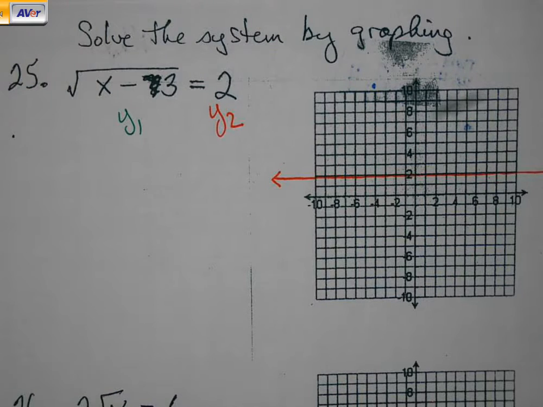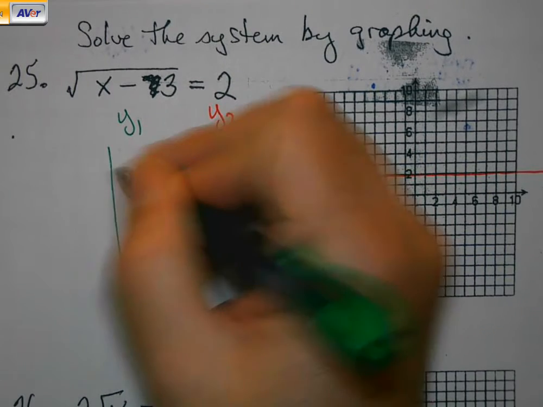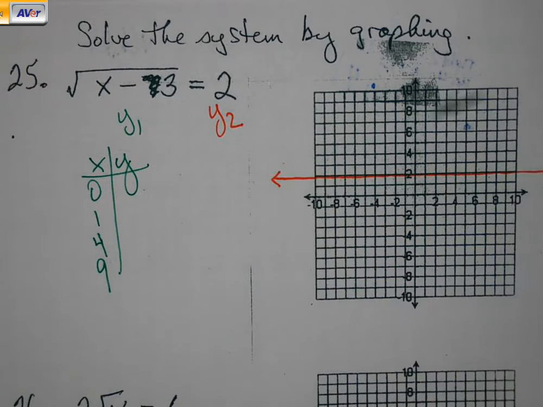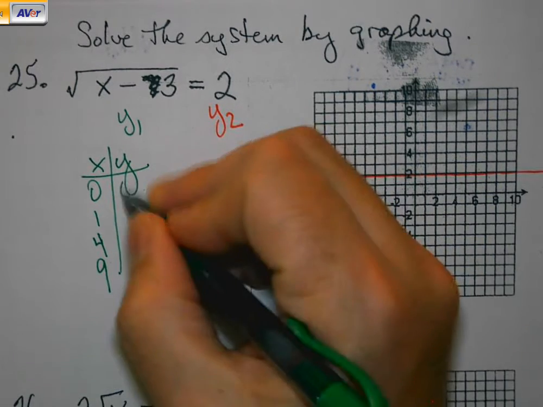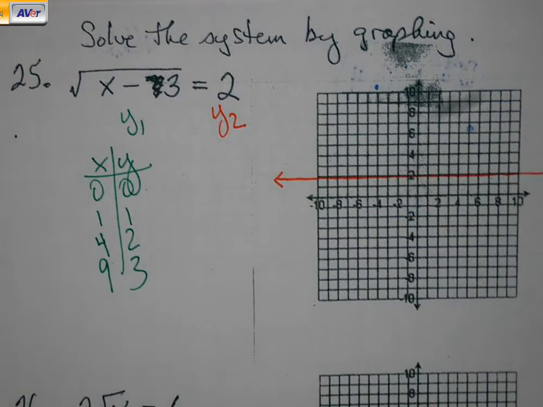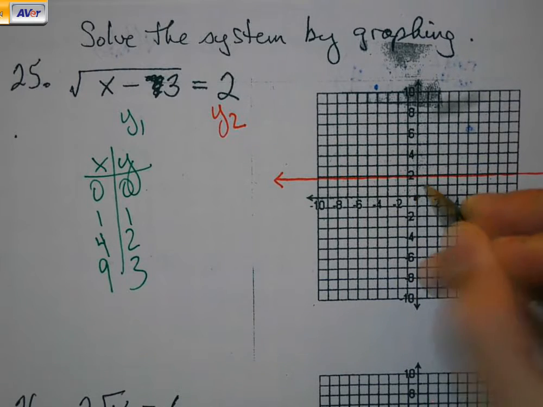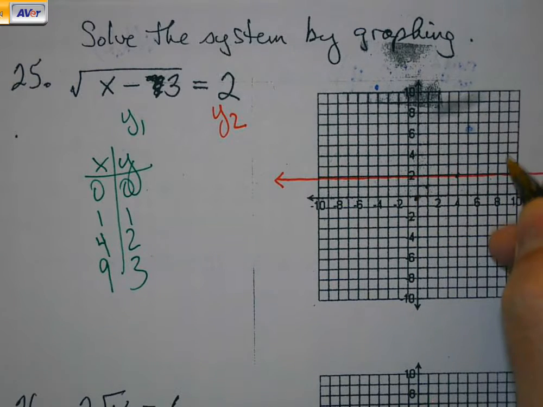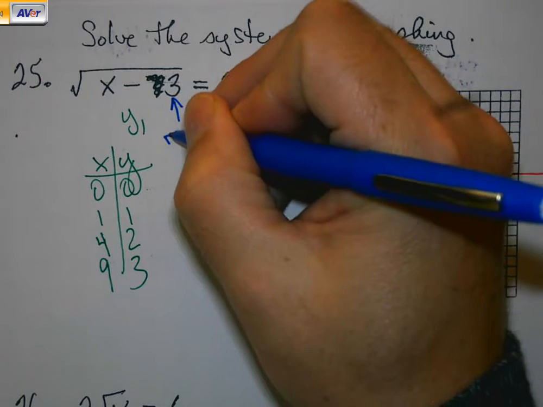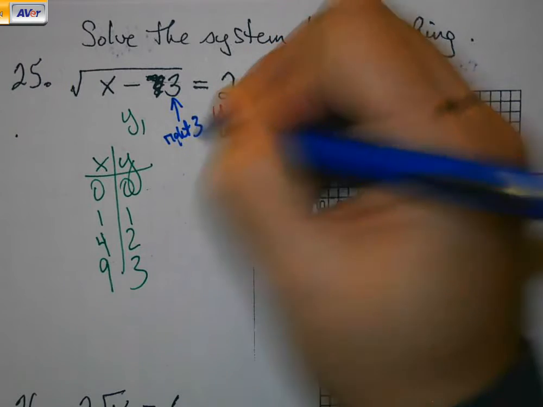For Y1, if I was graphing y equals the square root of x minus 3, normally I'd make my chart. It's a square root, so I'd use my squares. And since there's no number out here in front, cool, those would be my parent points. But I notice there is a shift of right 3.